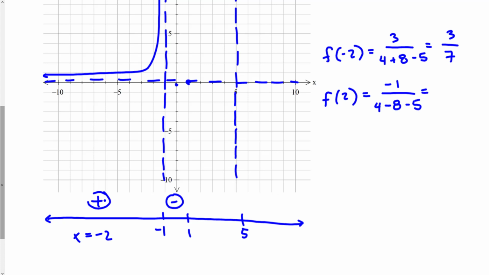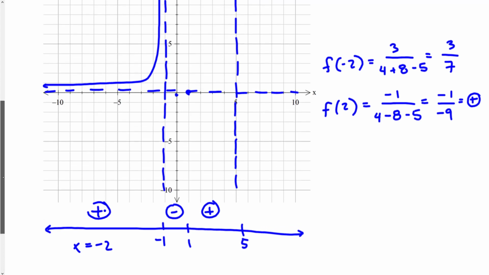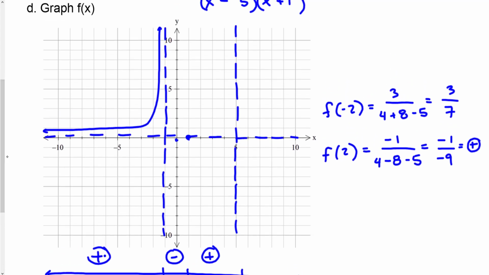So the numerator is negative. 4 minus 8 is -4, minus 5 is -9. This results in a positive number because a negative divided by a negative is a positive. So on these intervals, my graph is going to be negative and bending toward the asymptote this way, positive and bending toward the asymptote that way.